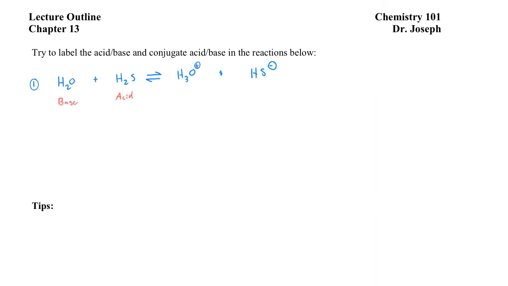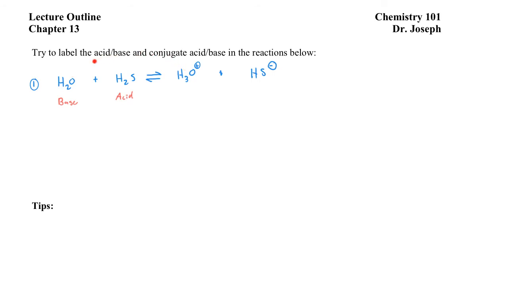Now to find the conjugate pairs, what we have to do is imagine going in reverse, so from the right to the left, and determining what is donating or accepting a proton going from the products to the starting materials. So let's take a look at what, say, hydronium is doing. If we start at hydronium and we go to water, what does it have to do?